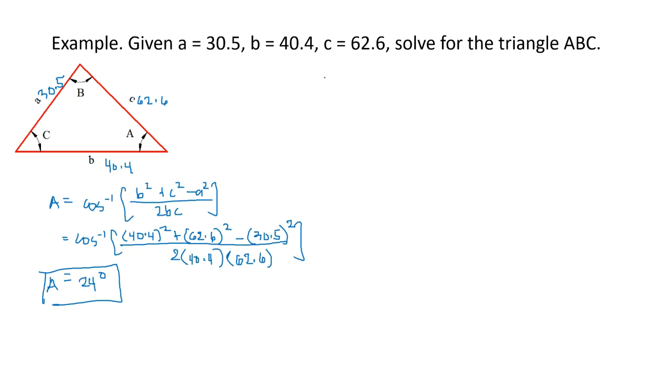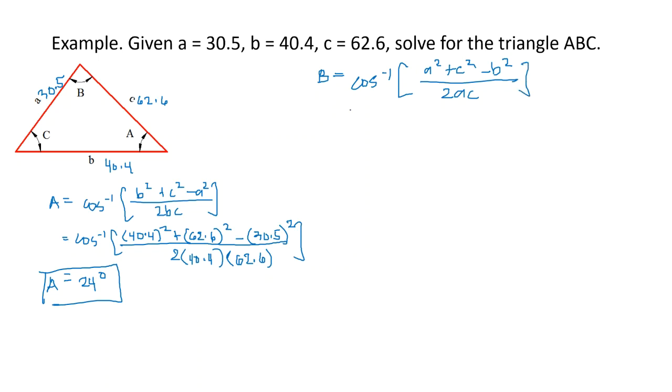Now for the angle B, we have arc cos of A squared plus C squared minus B squared over 2AC.